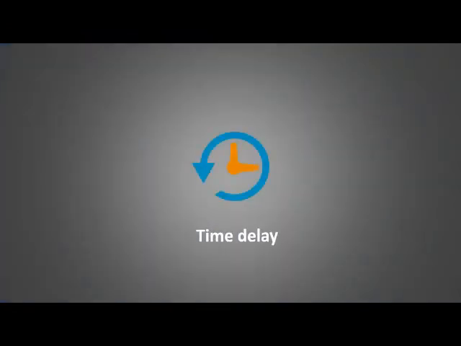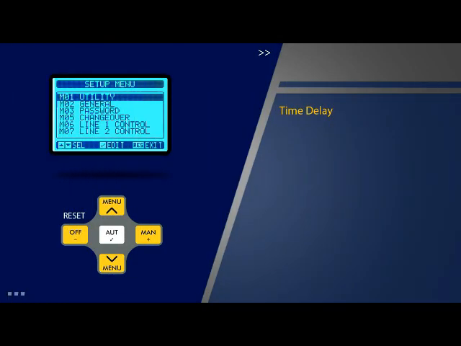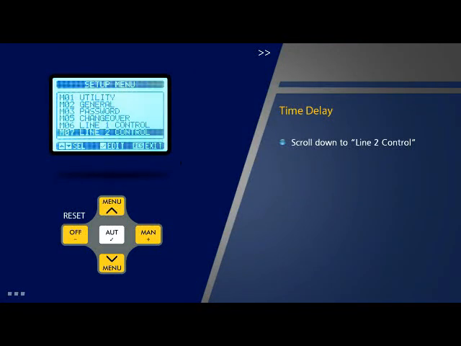Time delay. Let us look at the procedure for setting the generator cooling time delay. It is the time delay between load disconnecting from the generator and the generator engine actually stopping. The procedure is as follows. Scroll down to Line 2 Control on the Setup menu page and press OK.